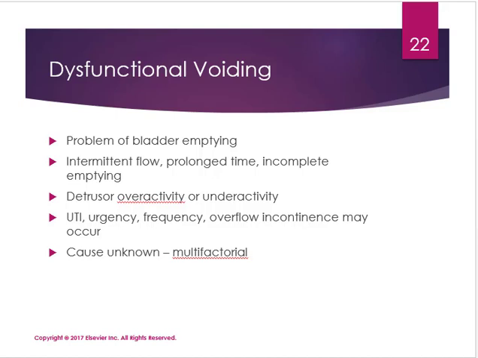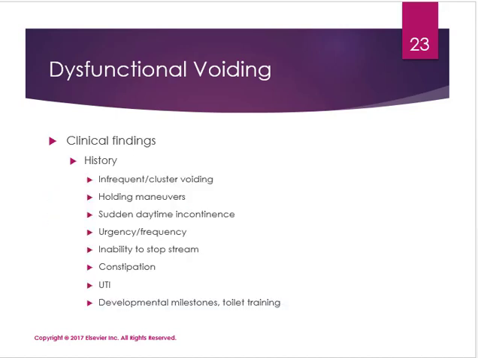The cause of dysfunctional voiding is not necessarily known and thought to be multifactorial and can be related to constipation, urinary tract infections, some structural abnormalities, could be stress or abuse. So it's something to investigate if you're noticing that your pediatric patient is having these issues.